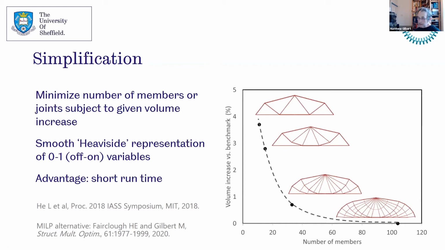And this particular formulation involves having a smooth representation of on-off binary variables. But you can also do that more rigorously using mixed integer linear programming, and we had a paper out some months ago doing just that.